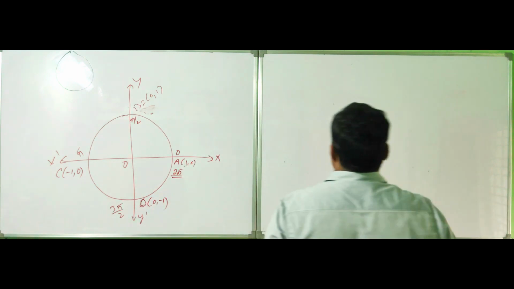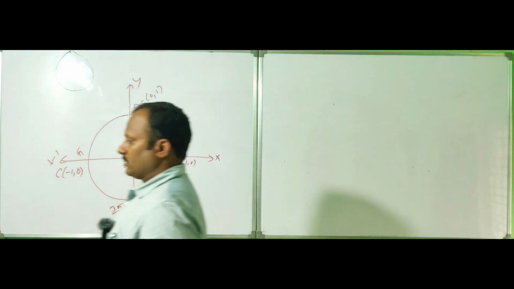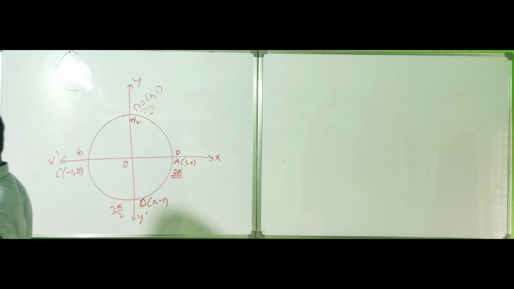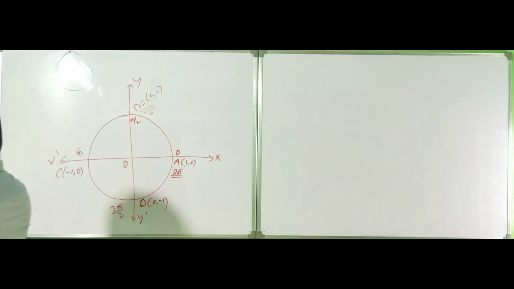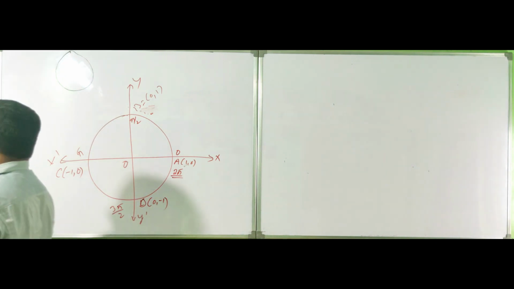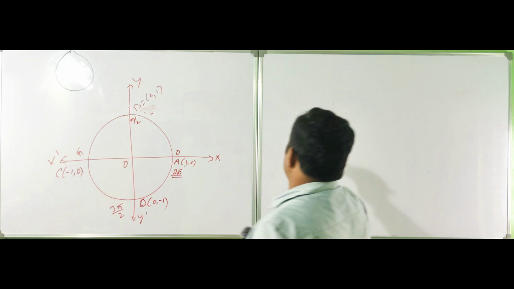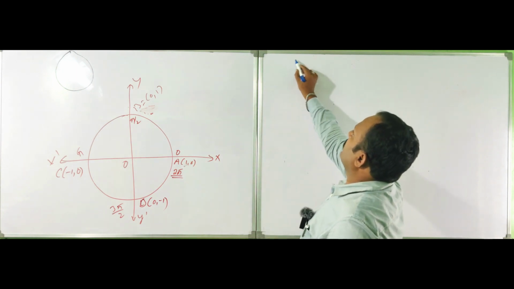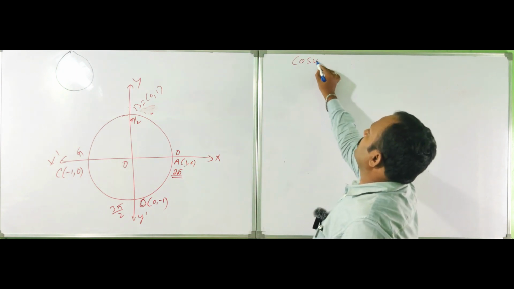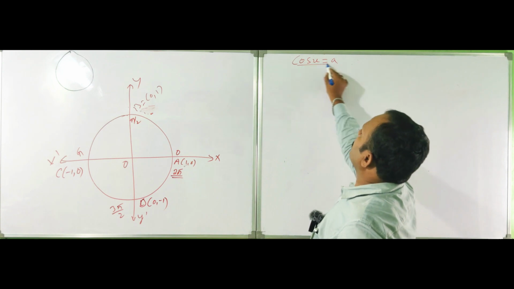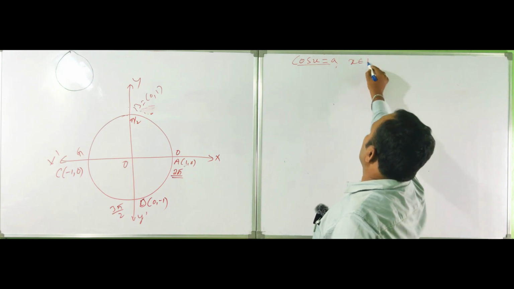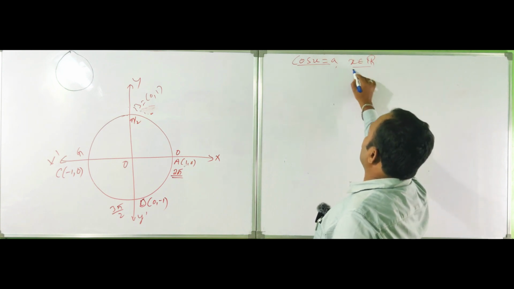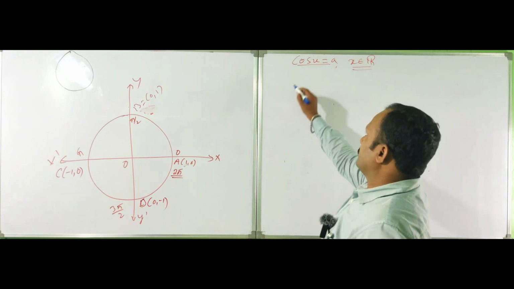So let's check the cosine values of x. Cos x is equal to a, and our definition is for x belonging to all real numbers.